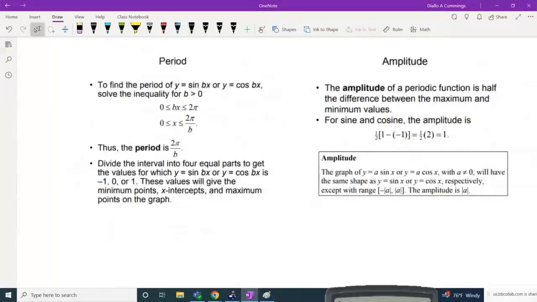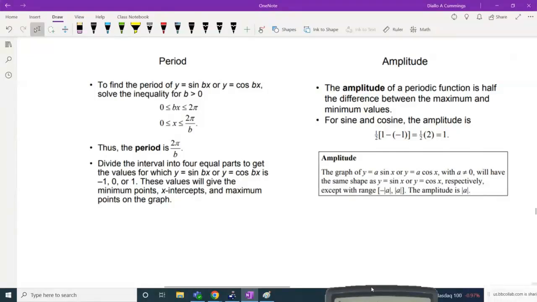Before we actually talk about the functions themselves, we're going to talk about the period and the amplitude. The period is just the amount of time it takes to make one complete cycle. There is a formula for the period: the period is equal to 2 pi over b.